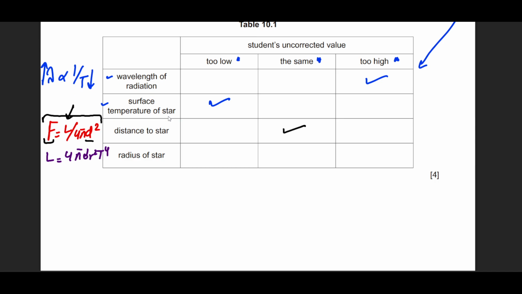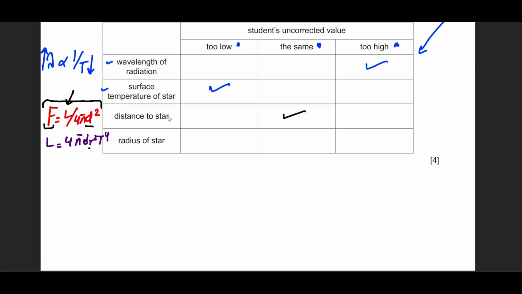Moving on to this last part, he says the radius of the star. Now this requires a bit of understanding. So for the radius of the star, let's make r the subject of the formula. r squared is equal to L divided by 4 pi sigma T to the power 4.